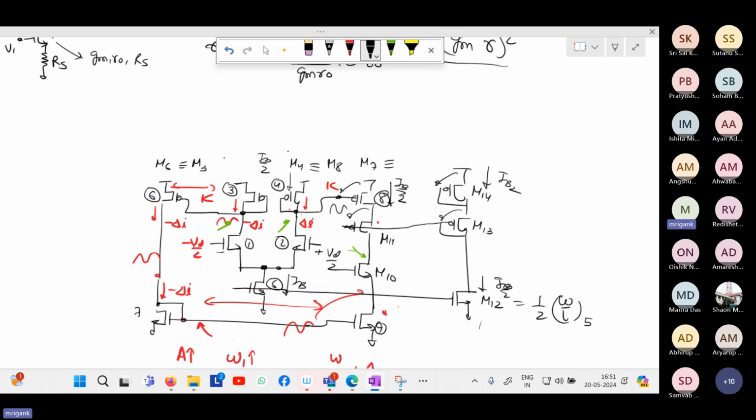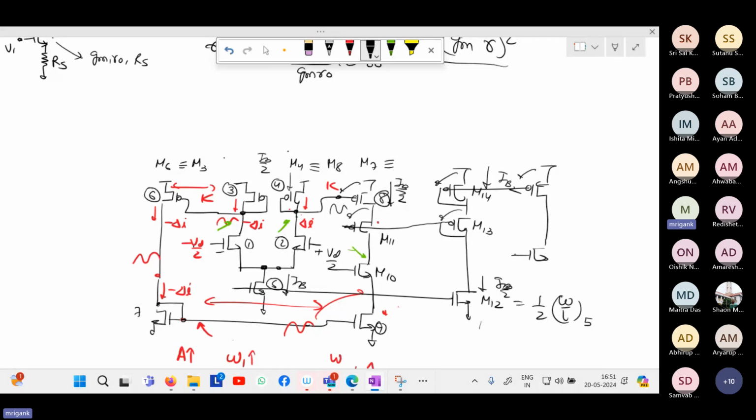So you can take it from anywhere. You can take it from here also. You can take another PMOS, and now this is going to have the same VSG as M14, and then you bring it down. Then you put two NMOSes over here.